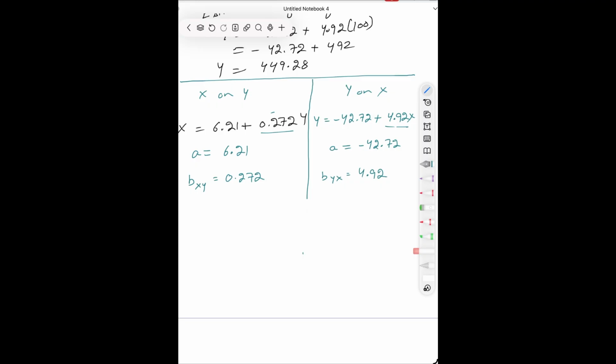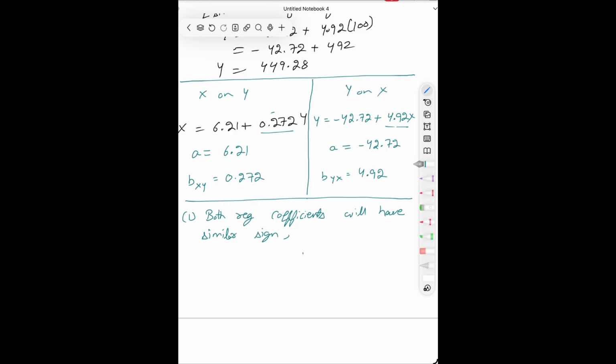First thing is, both regression coefficients will have a similar sign.